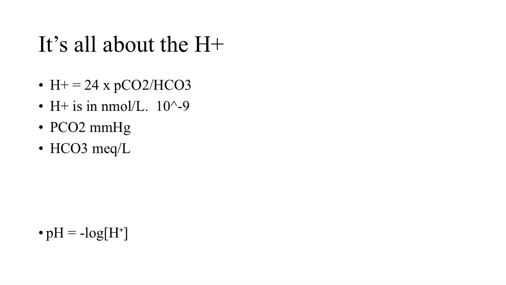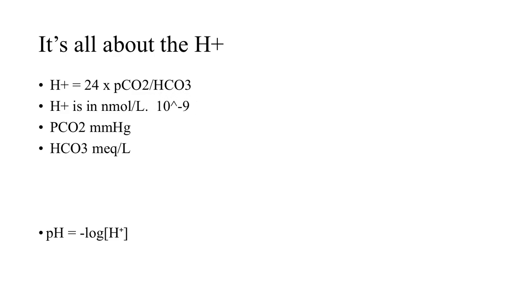This is a very simple formula to remember. H plus ion concentration in nanomoles per liter is 24 times PCO2 divided by bicarb. And H plus here is in nanomoles per liter. That's why it's 10 to the power of minus 9.